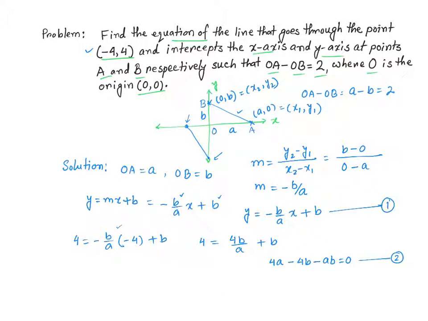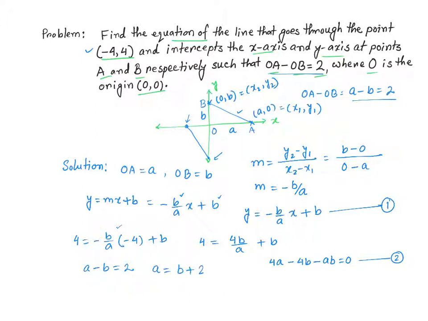And I get this equation 2. Now remember our condition, one of the given conditions is a minus b is equal to 2. That's what the given condition is. This one and this one is the same. So what I'm going to do is solve for one of the variables and plug it into equation 2. If I solve for a, I get a is equal to b plus 2.